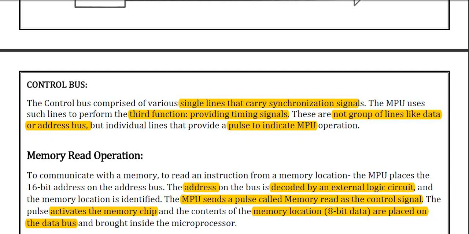By these signals, the microprocessor is controlled. That's the reason it is known as the control bus. It always carries the control signals. It is not a group of lines like the data bus or address bus, but individual lines that provide a pulse to indicate the MPU operation on control signals.